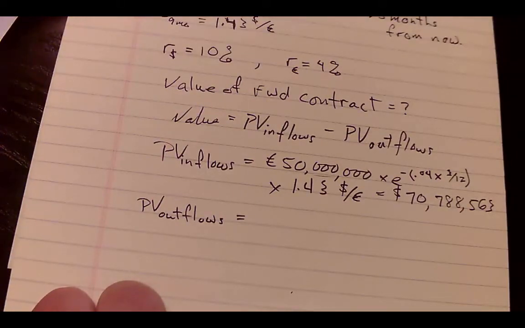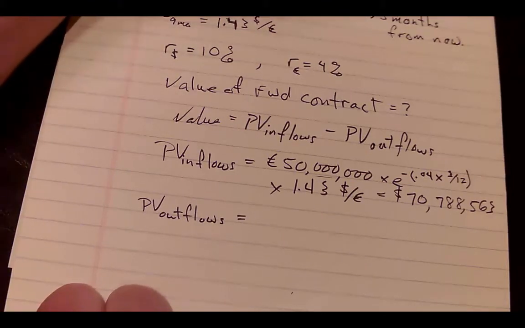We need to make that calculation because we're given that the forward contract is on 50 million euros. How many dollars will we be paying in order to meet our obligation on the forward contract? We just take the euros and multiply by 1.38 dollars per euro. That's the forward exchange rate.